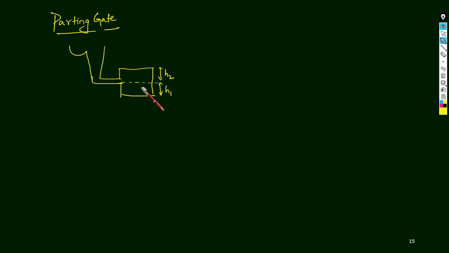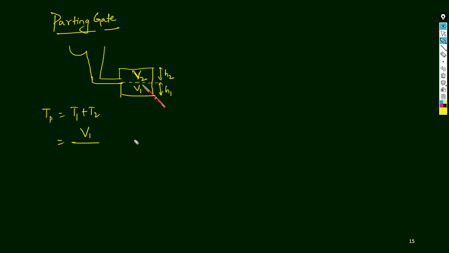So can we calculate the time required to fill this part? Tp is equal to T1 plus T2. Time Tp, I am using P for parting gate. So T1 is how much? The volume V1, and this is V2.